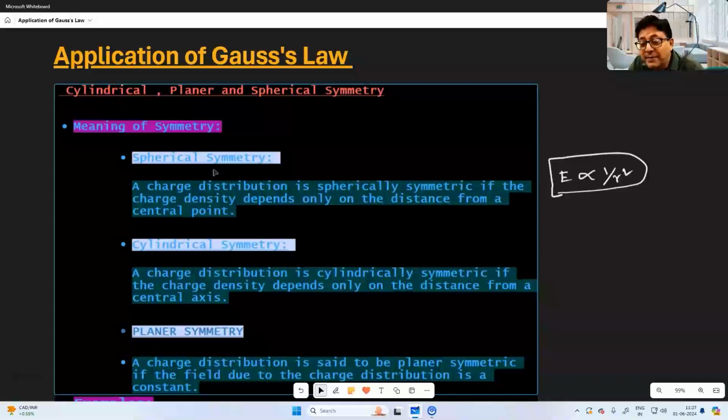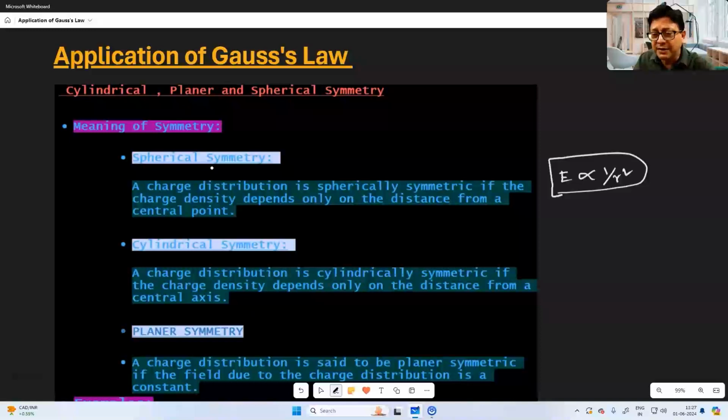So E is proportional to 1 by r square. What is cylindrical symmetry? Charge distribution is cylindrically symmetric if the charge density depends on distance from the central axis. Probably you have seen this, you have calculated this. Yes, we did it. When you are finding the strength of electric field due to line density of charge, we have done it with the help of Coulomb's law.